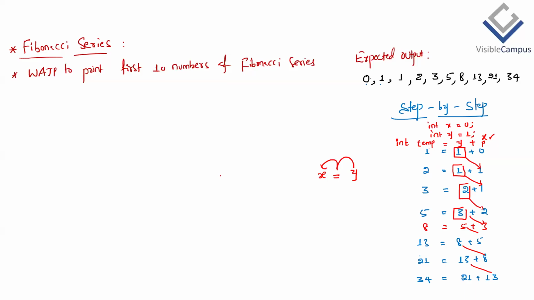Correct? Next step. The previous step temp is becoming the next step which value? Y value. Previous temp is becoming y value. Again, temp is becoming y. Y is becoming x and temp is becoming y. Correct or not?